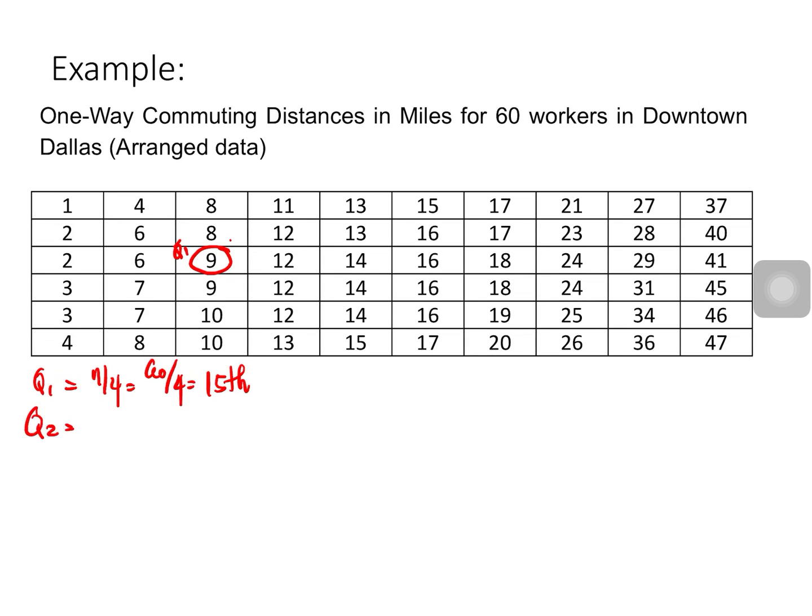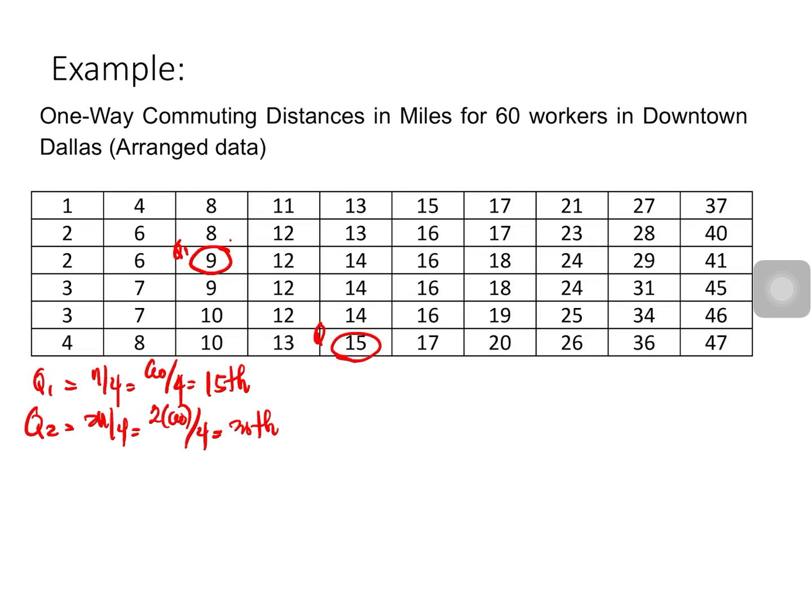For Q2, we have there 2n over 4, and that is 2 times 60 divided by 4, the 30th. That's why I told you that the median is the same as the second quartile. It is also the same as D5 and the 50th percentile, or P50. So the 30th value is, we have there 15.